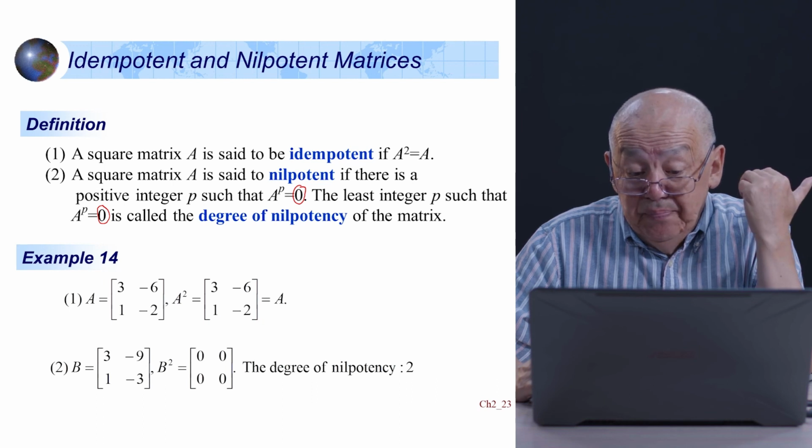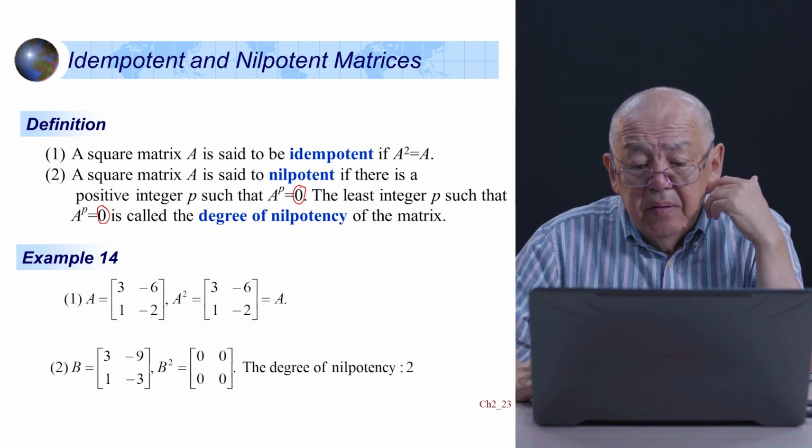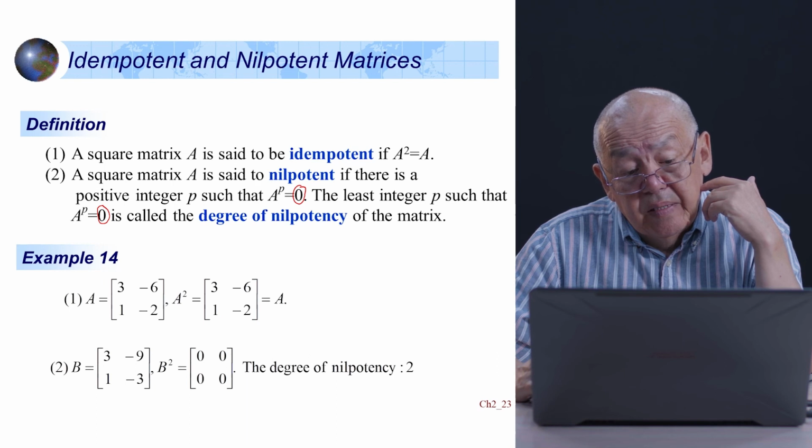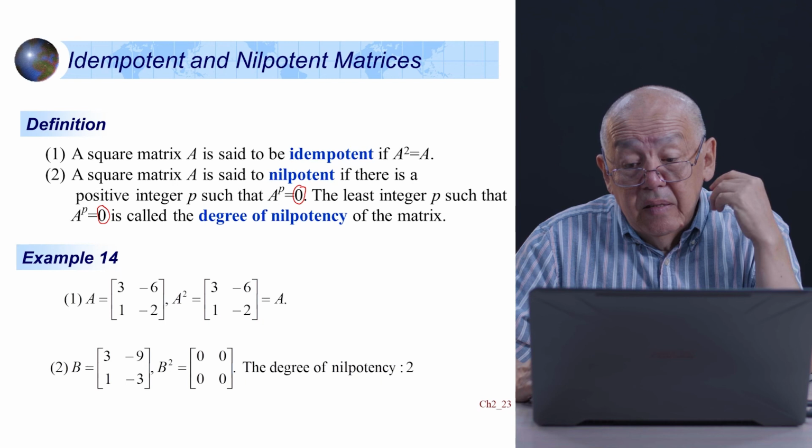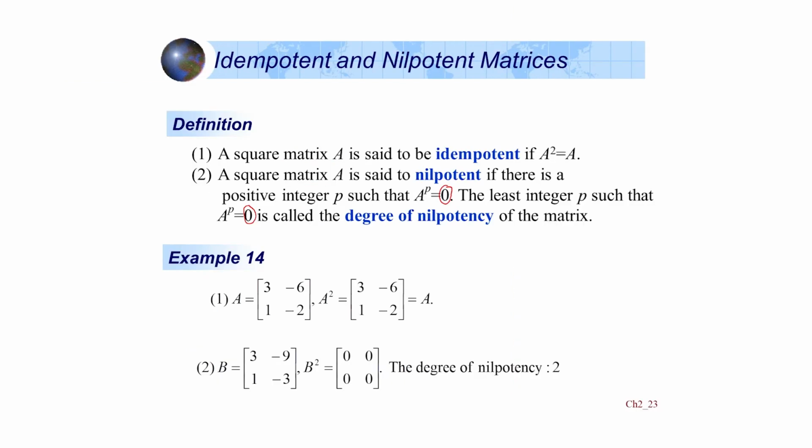For example, B is a nilpotent matrix from example 14, the second example. And the least integer p for which this pth power is 0 is called the degree of nilpotency of this matrix. I hope that you can skip it, because I think that this question will be out of the syllabus maybe.